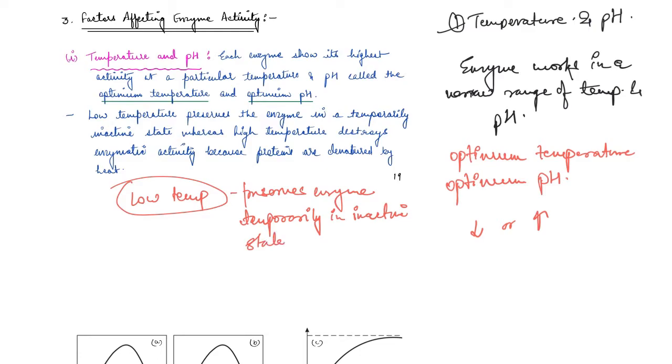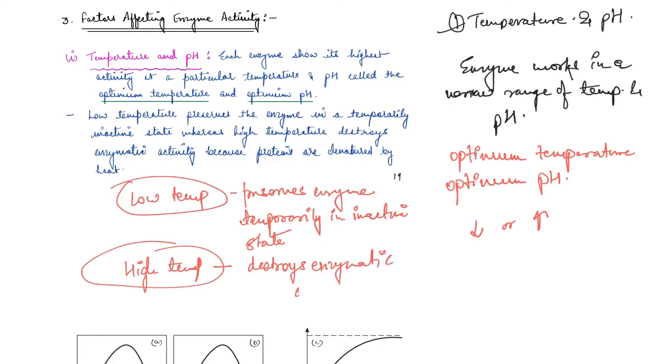It has not worked, but yes, it is preserved. But if the temperature is high, that means higher than the optimum temperature, this destroys enzymatic activity, because the protein is denatured.